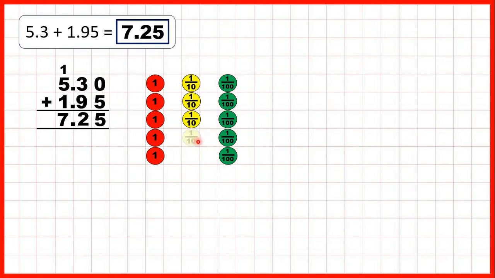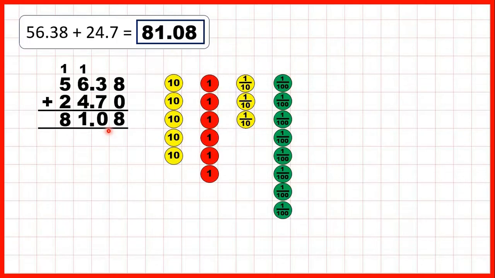If we add 1, 2, 3, 4, 5, 6, 7, 8, 9, so we've added 9/10, and you'll notice that when we got 10/10, we exchanged those for one whole. So now we just add one more 1, and that gives us 7 ones, 2/10, and 5 hundredths, so 7.25.